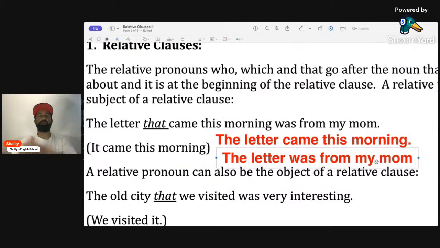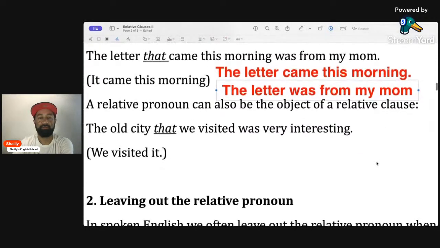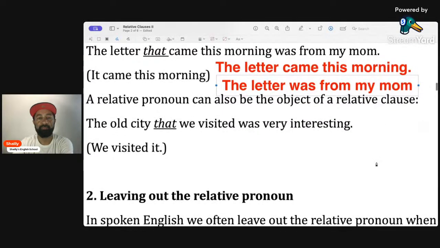We want to join these two sentences. We use a relative pronoun that. The letter that came this morning was from my mom. All right, so we can join two sentences, make it into one. The letter that came this morning was from my mom. All right, so that's what we're doing today.